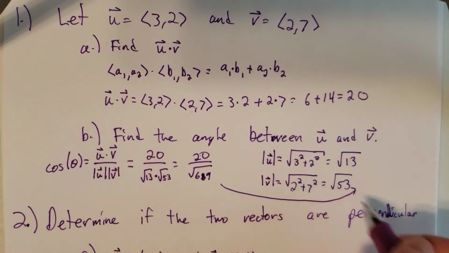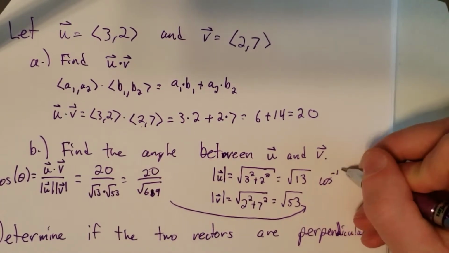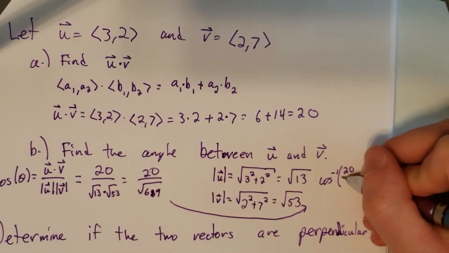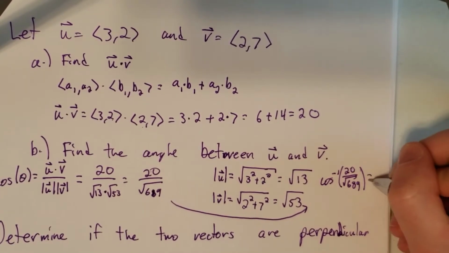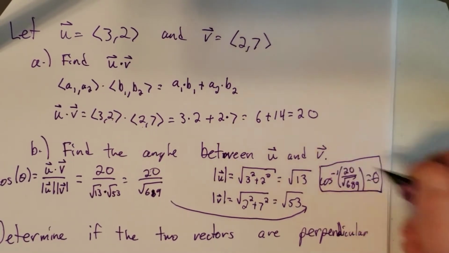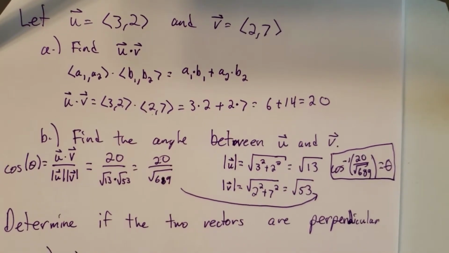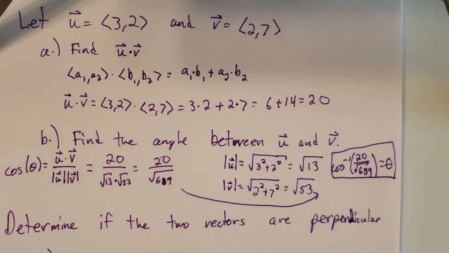This tells us that we take cosine inverse of 20 over the square root of 689, and that would equal our angle theta. And so that's how we calculate the angle theta between two vectors. The dot product gives us a really nice and easy way to calculate the angle between two vectors.